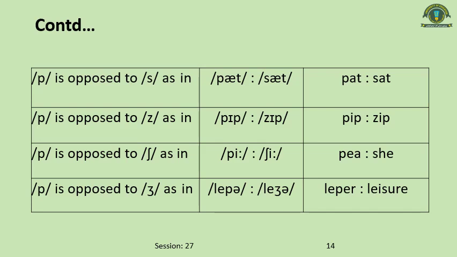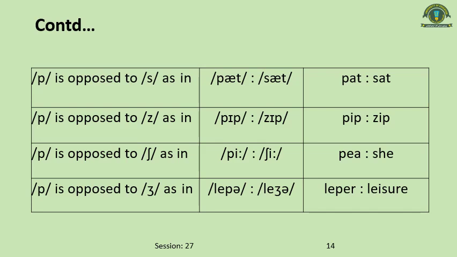The next is /p/ as opposed to /ʃ/, as in pea and she. /p/, e, pea. /ʃ/, e, she. Spellings are P-E-A, pea, and S-H-E, she. The next one is /p/ as opposed to /ʒ/, as in leper and leisure.